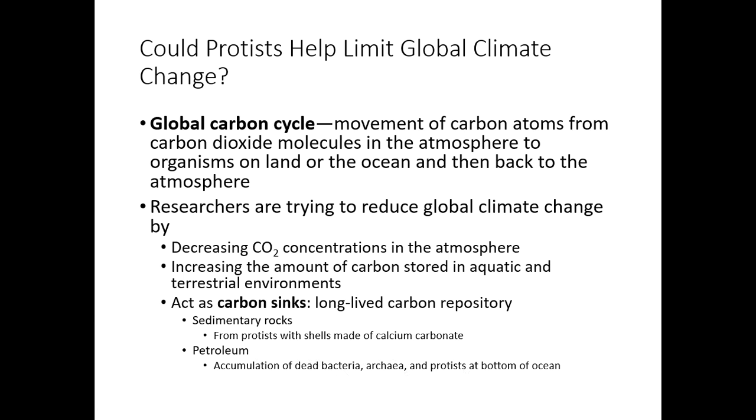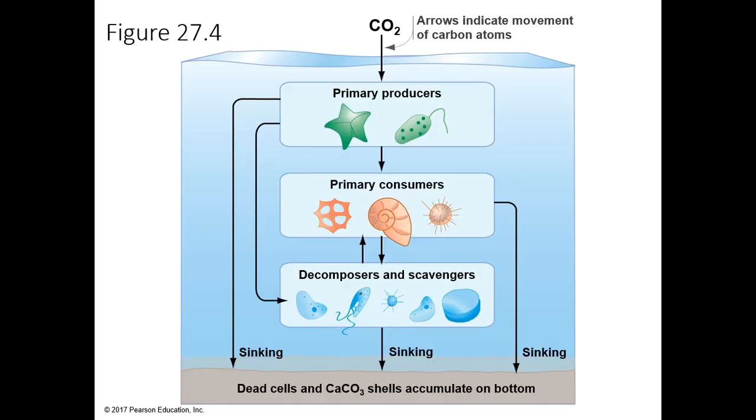So like I said, these things will take in the carbon dioxide, and then they'll ultimately go to the bottom of the ocean and die, and that's where the carbon will live. So long-lived carbon sinks here, which is why these protists are very important in limiting the amount of CO2 in the atmosphere and ultimately global climate change.